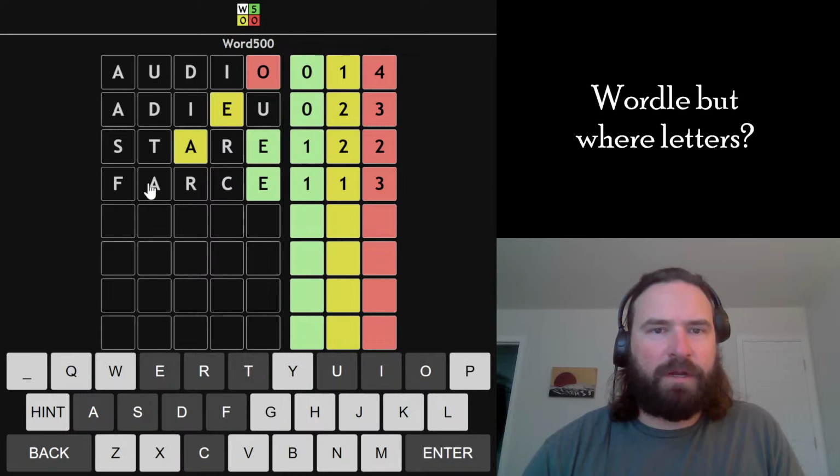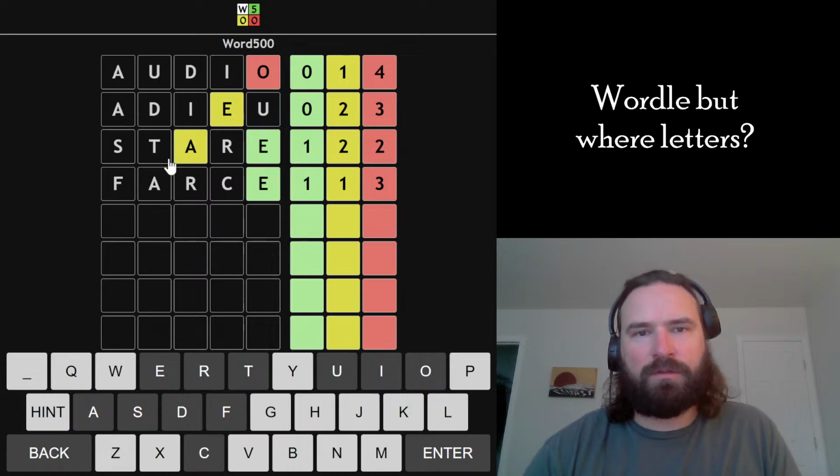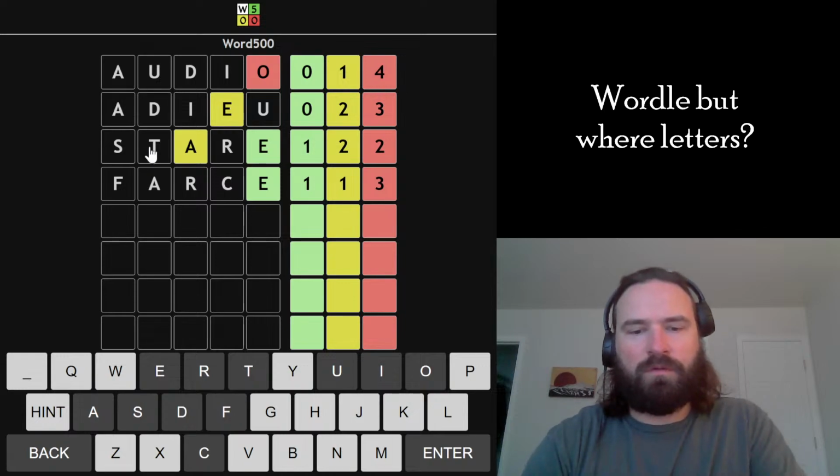A is kind of running out of places to go, if it is, in fact, the A. So I think I'm going to maybe try to use the R again and use a different vowel. Well, give me troop?